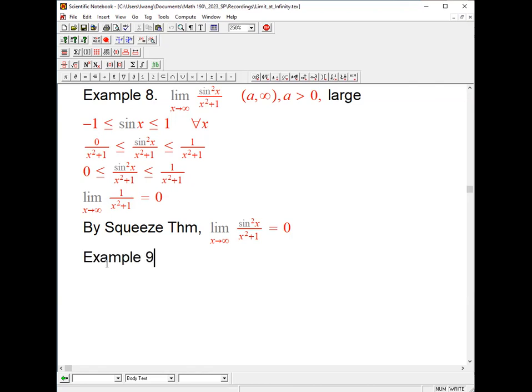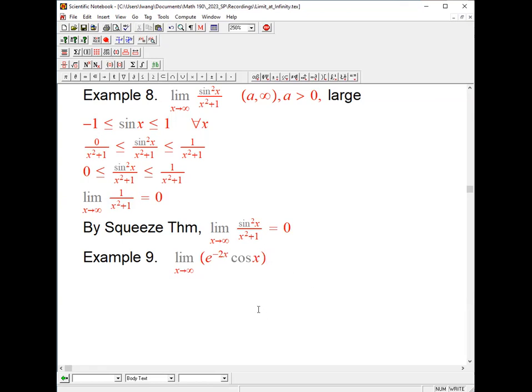Example number 9. I would like you to look at the limit of this function, e to the power of negative 2x multiplied by cosine x, with parentheses, so we're taking a limit on this piece.